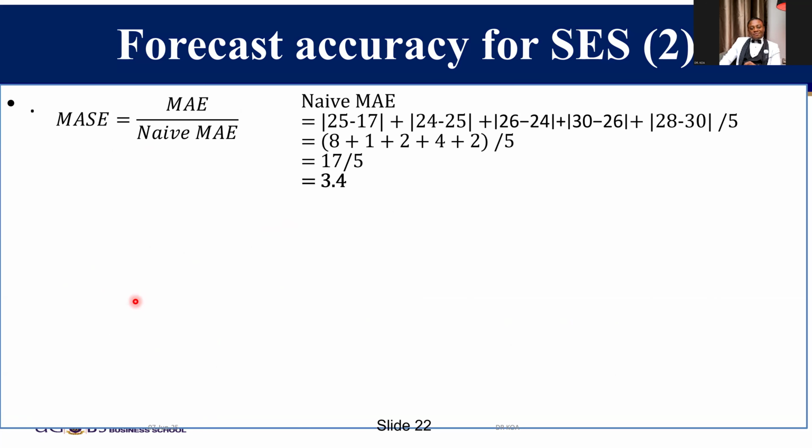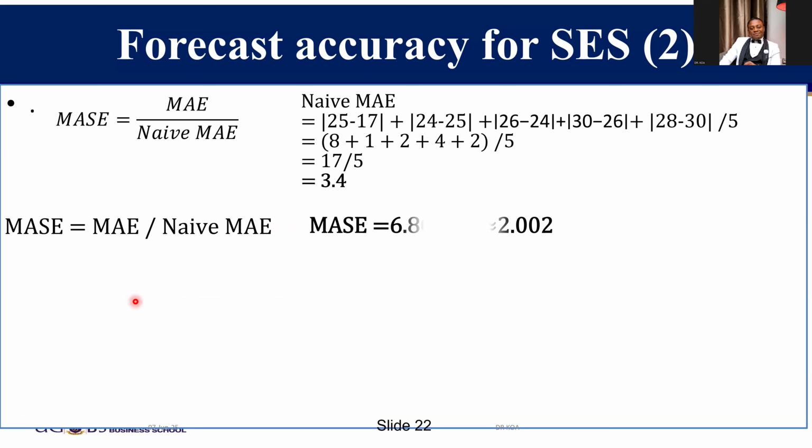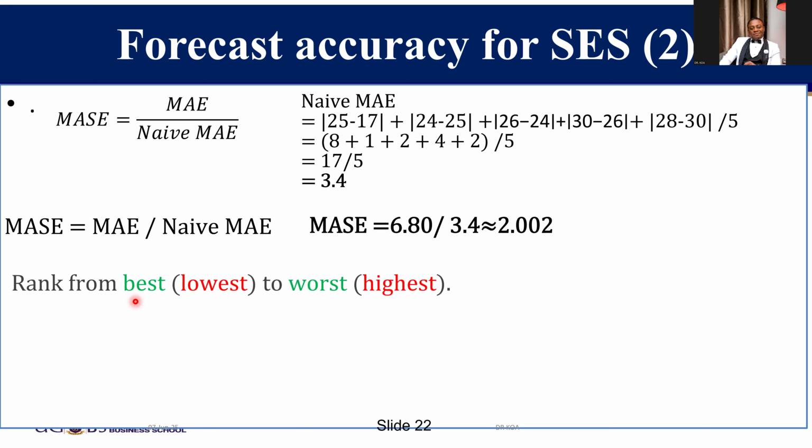You can calculate the MASE, where you take the MAE for the current smooth exponential divided by the naive MAE, and when you do that, you're going to get 2.0. And now you can rank them, which of these forecast accuracy measures is the best for you.